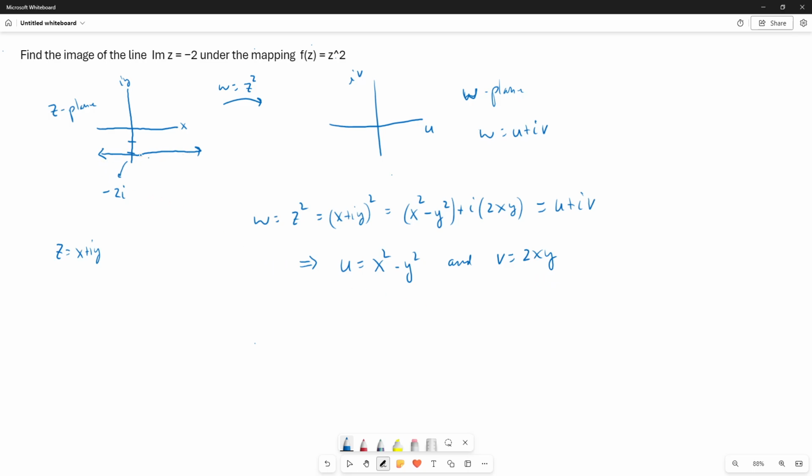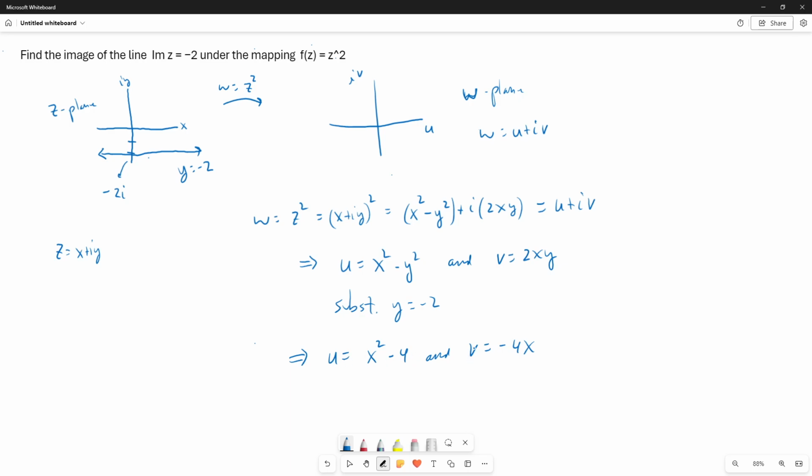Now this line that we're considering here, the imaginary part of z is y. So we're looking at the line y equals -2. So we'll just substitute y equals -2 in here. And what we'll get is u is equal to x squared minus 4, and v is equal to -4x.